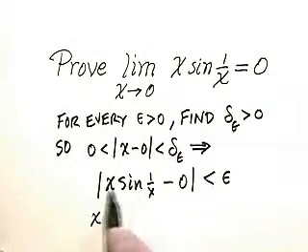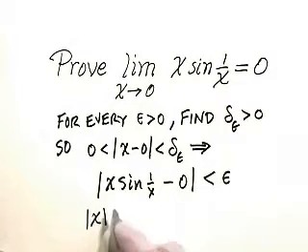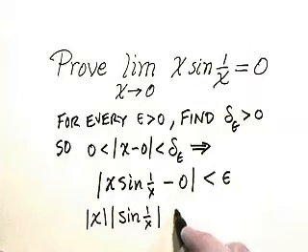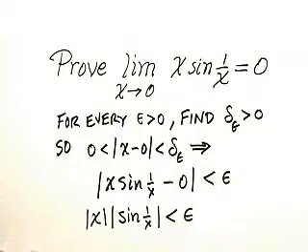Now here, let's ask ourselves, how big can sine of 1 over x ever be? What do you know about the sine function? Remember, the sine function is always between negative 1 and 1, and so consequently this quantity right here is always less than or equal to 1. And that means this whole thing on the left is less than or equal to absolute x. I'm going to just write that, less than or equal to absolute x.